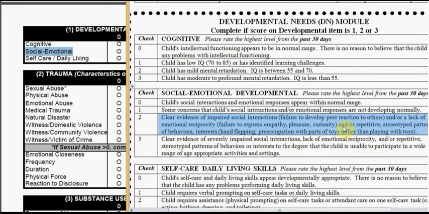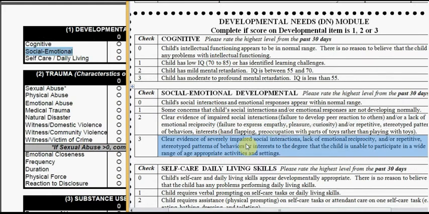Children who are obsessed with trains or certain toys or even certain characters of books or TV. Or they may have these kinds of repetitive behaviors such as hand flapping.